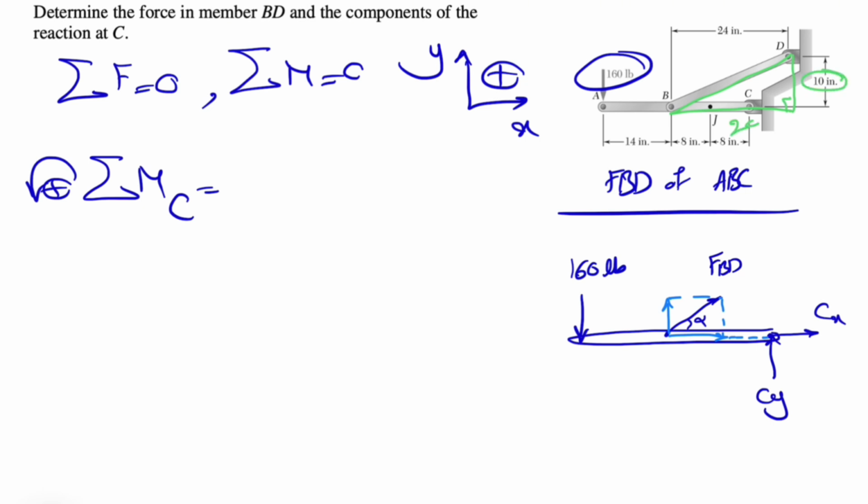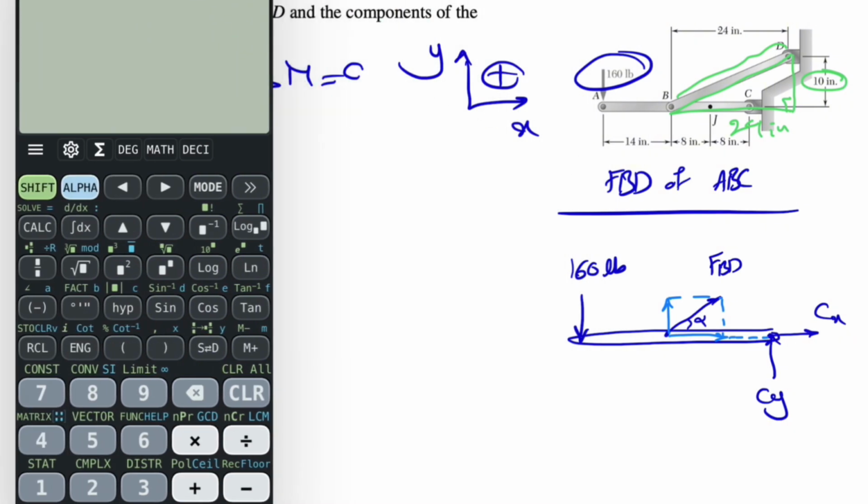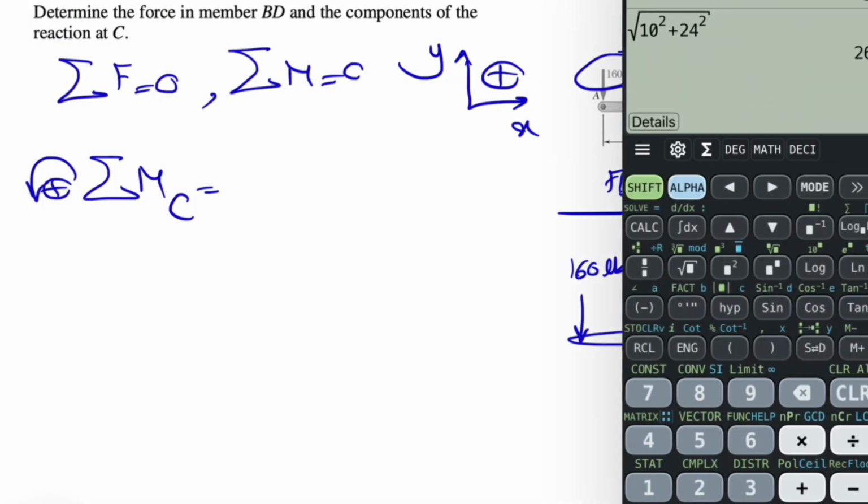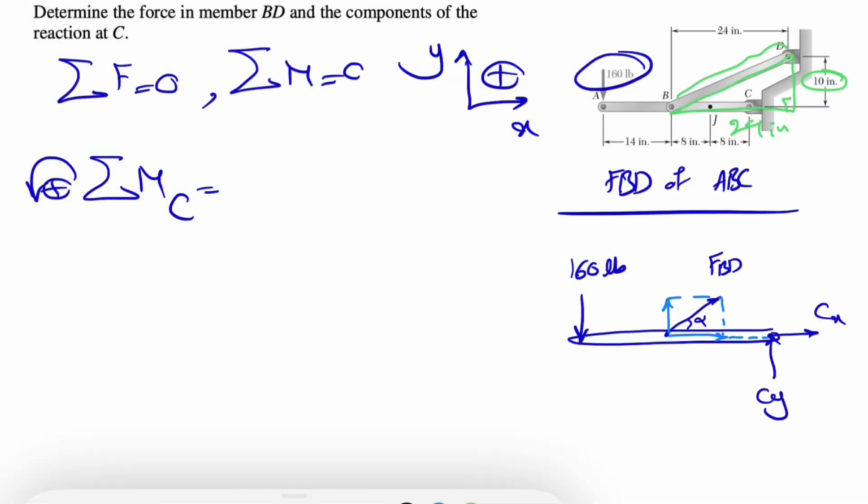We have one side 10, the other 24 inches. Based on the Pythagorean theorem, we can find the hypotenuse. The square root of 10 squared plus 24 squared gives us 26. So our hypotenuse in here is actually 26.